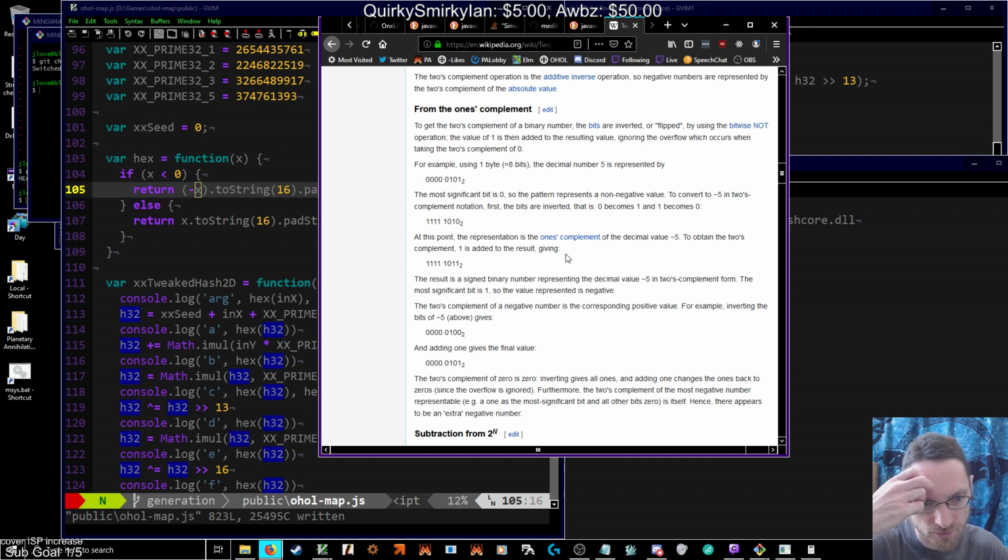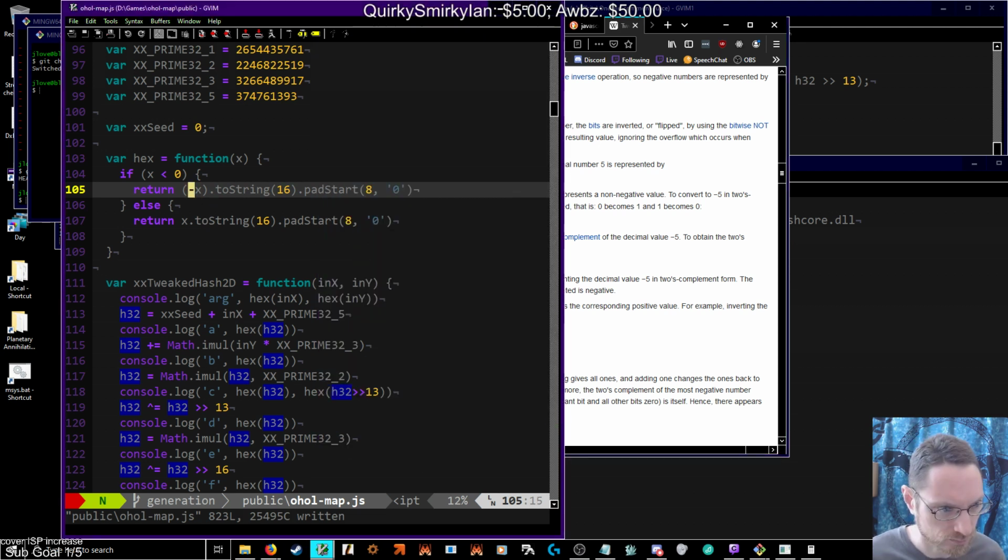Inverting the bits of -5 and add 1. So XOR. I have no idea what the precedence of that is.